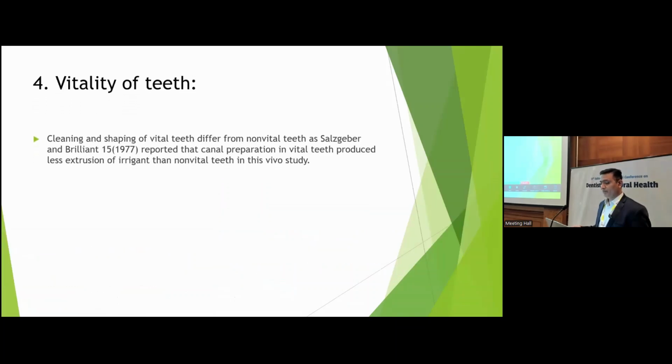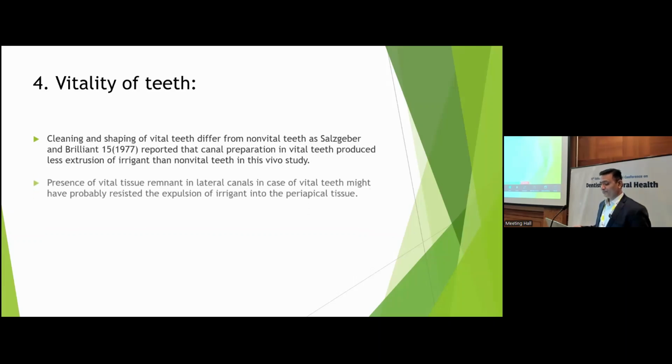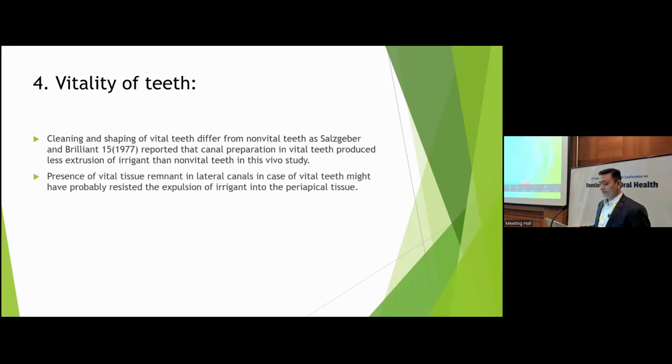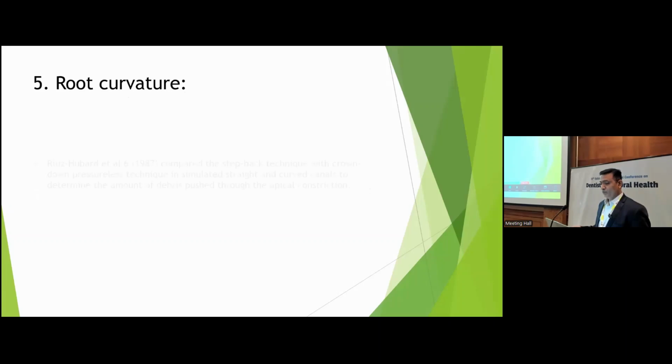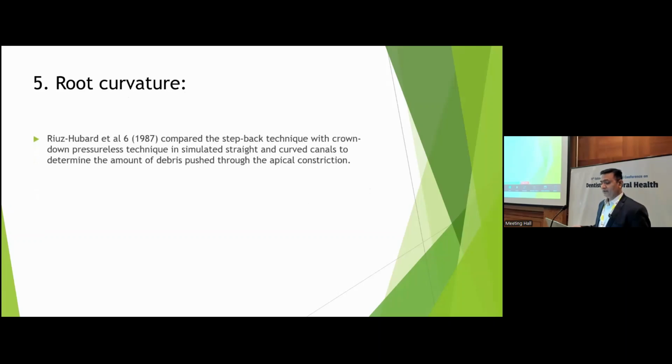Vitality of the tooth. If the tooth is vital, there is less extrusion than in a non-vital tooth because of the tissue present in the lateral canals that will prevent extrusion of some debris. Root curvature: in Bruce Seber's study, when their simulated teeth were operated for extrusion, they showed that there is more extrusion in the straight canal than the curved one.